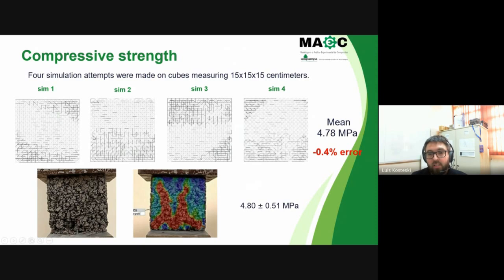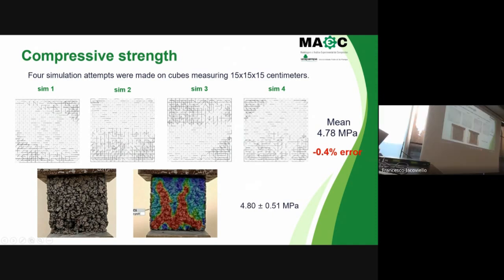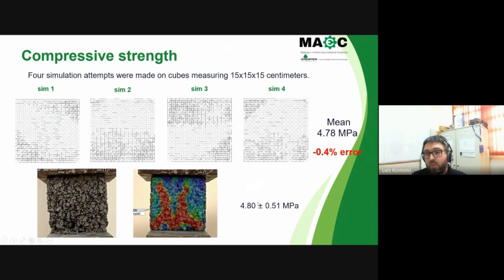Here we can see that our configuration is very similar to the one found experimentally. Also, the mean value of the simulation and the experimental results are very similar. This is because we use this test to calibrate the model, always using the elastic properties and the fracture properties that we found experimentally.